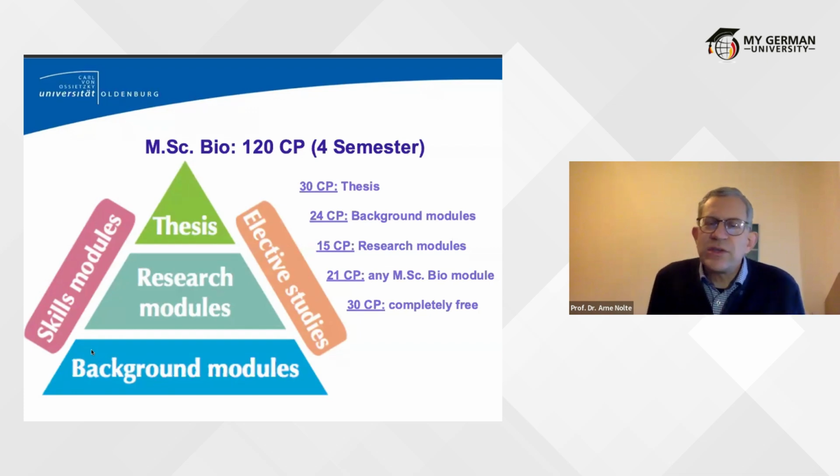You see the numbers of credit points that you're supposed to obtain in these different fields written on this slide. So basically, you are very free to choose, but you have to choose certain different types of modules that are composed as seen here.